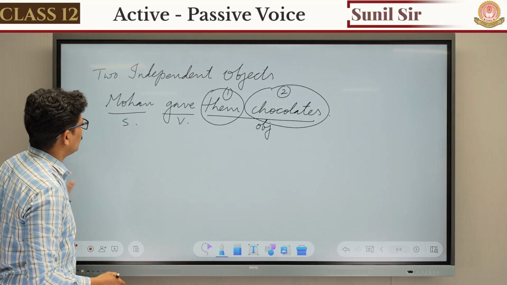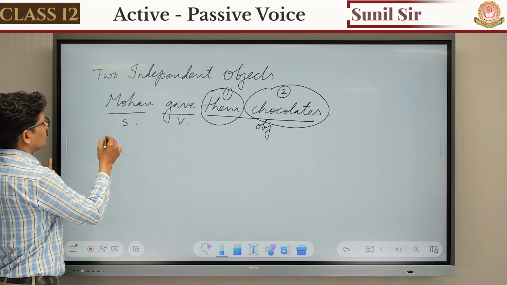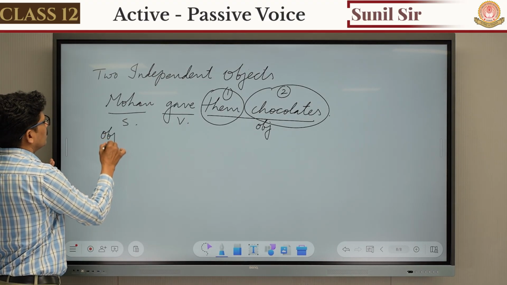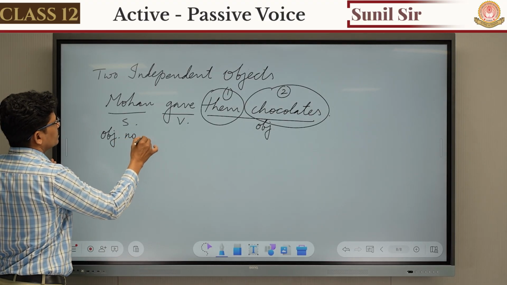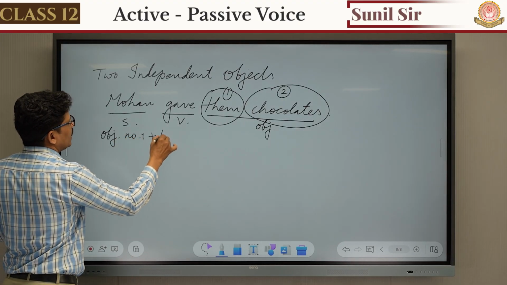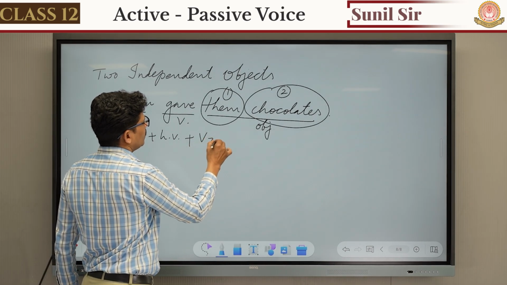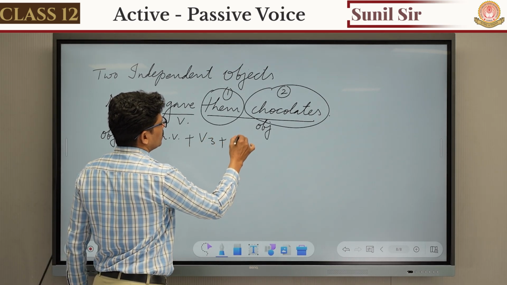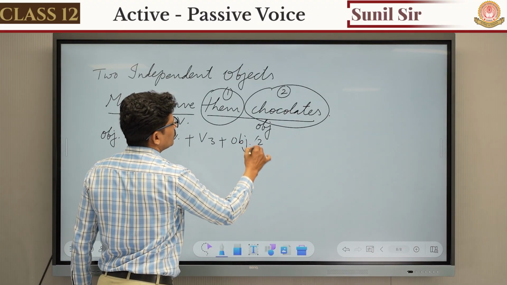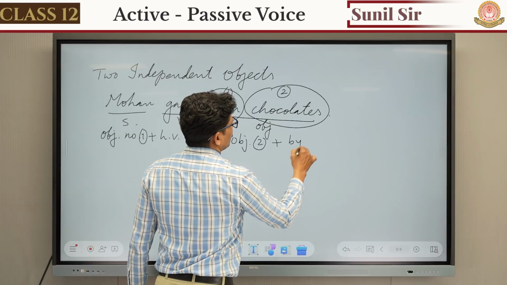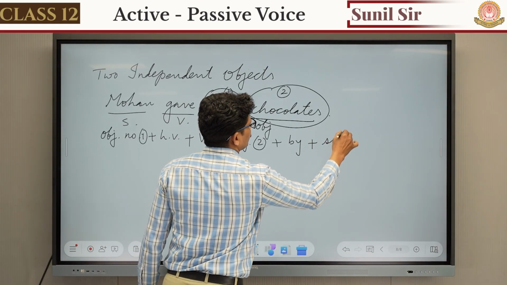The formula is: first we take object number 1 plus helping verb plus V3 plus object number 2 plus by and subject.